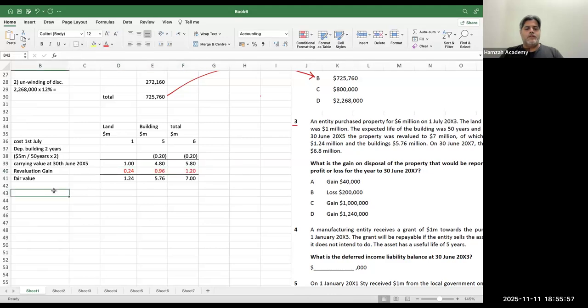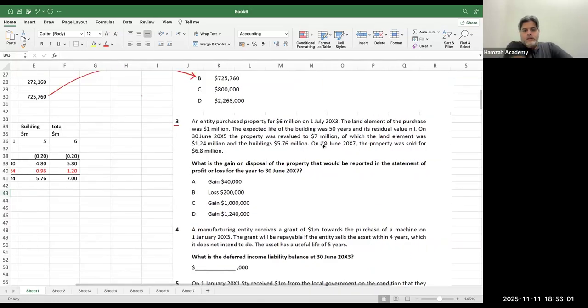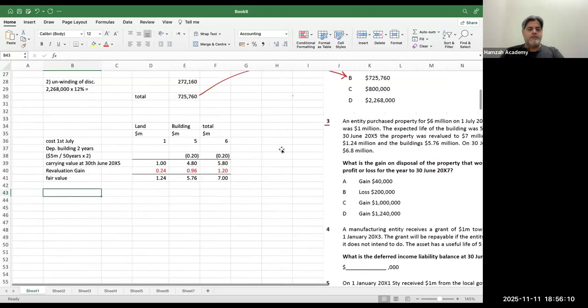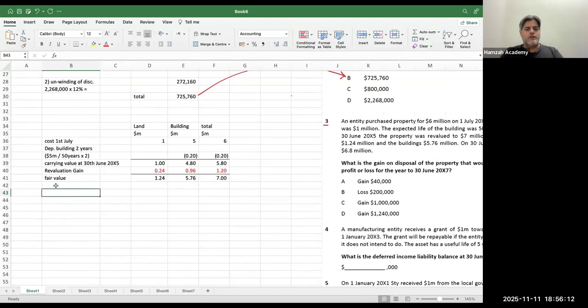All right, now this is the 30th June 20x5. Now on 30th June 20x7 I have sold. So I have 2 more years, so I will have the depreciation charge for 2 more years, and that's going to be 5.76 divided by the remaining useful life, that is 48 years, because 2 years are gone, and then I have to take up the 2 years again.